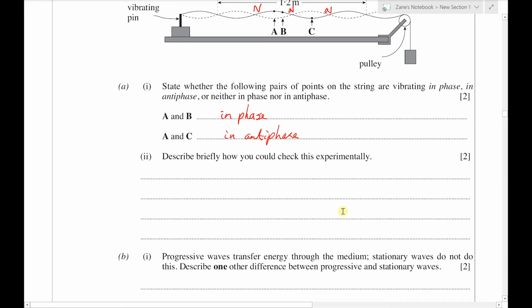Next we're going to describe how we could check this experimentally. So what we would do is use a stroboscope. The device basically flashes light at a regular frequency. And we're going to set it close to the frequency of vibration of the string.